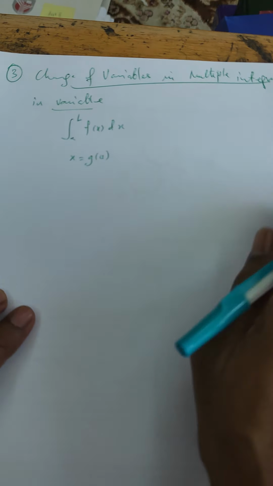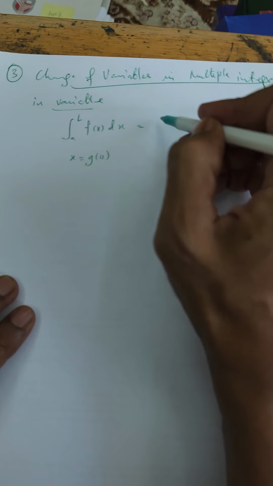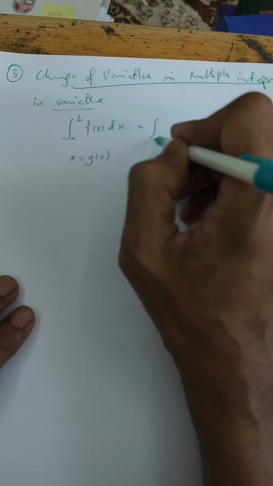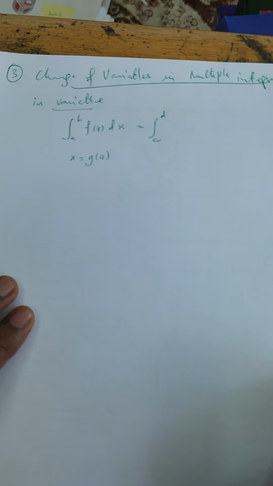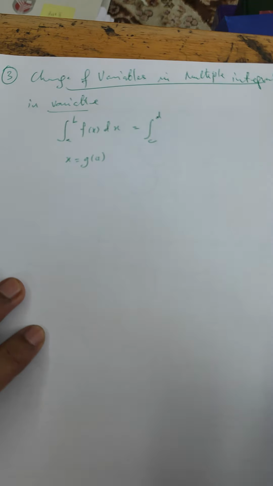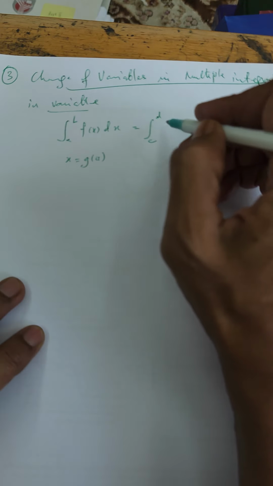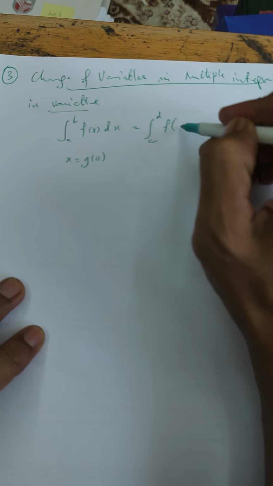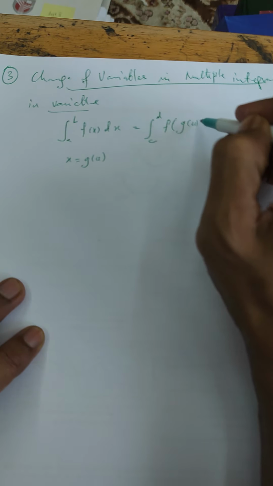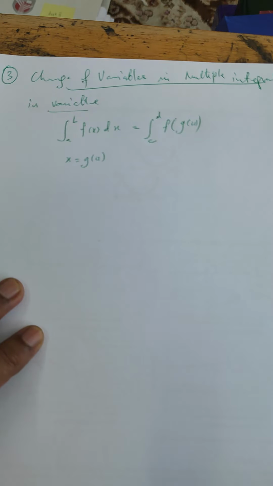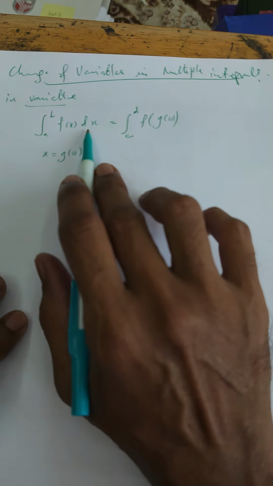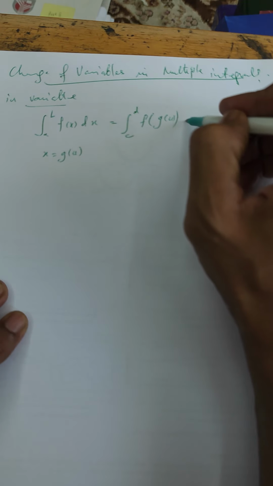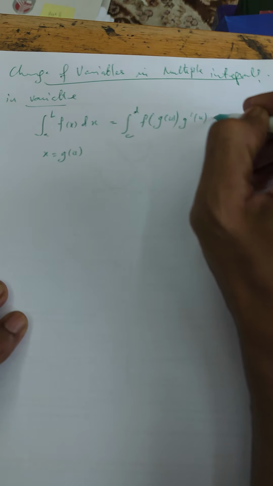what happened here is that the integral becomes an integral with the new limits, let's say c and d. And then the function, we change each x with the function of u, and we differentiate dx to obtain it in terms of du, so that we have g prime u du.